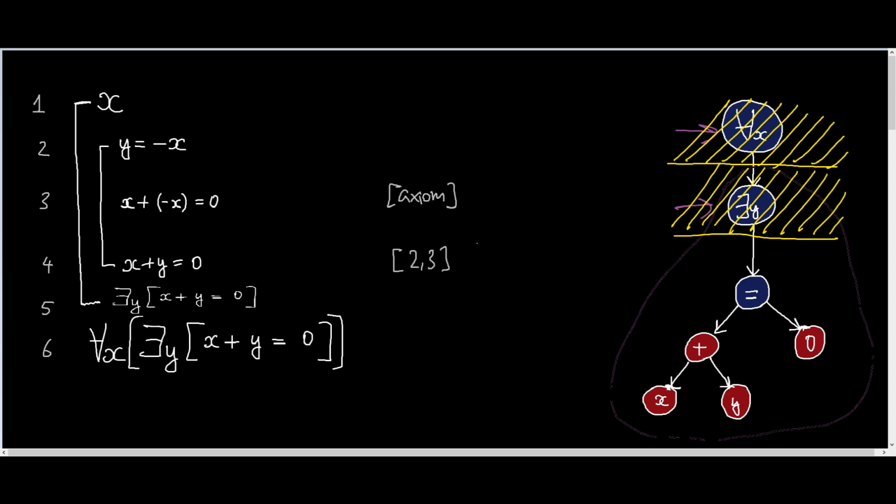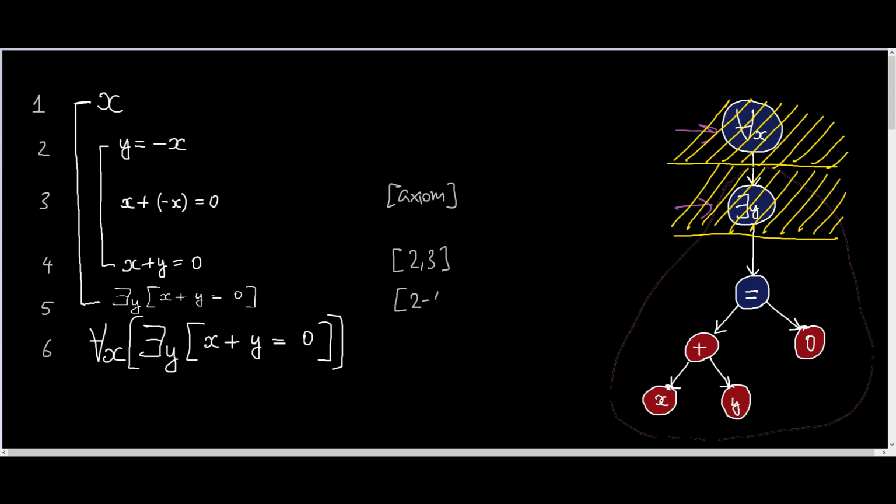And what about line 5? Well, to get line 5, this is how we set this thing up: to show that there exists a y, we need to assume that y has a certain value, to give a value to it, and eventually be able to conclude that. So we actually get it from all the lines ranging from 2 up to 4.